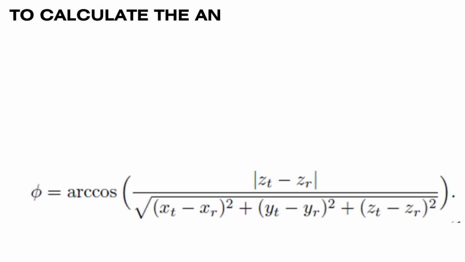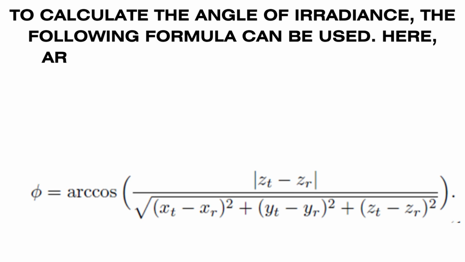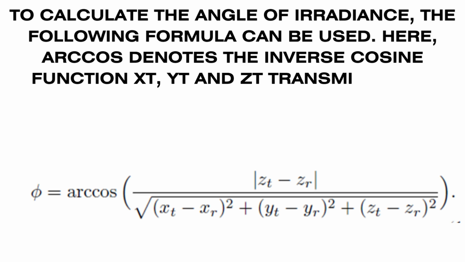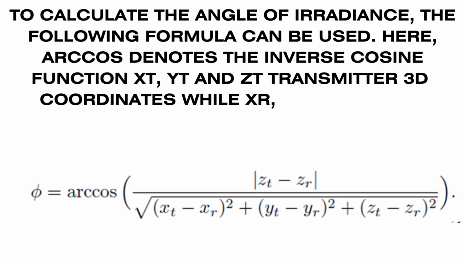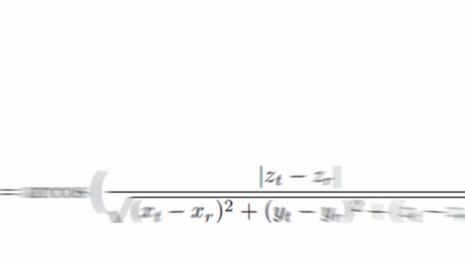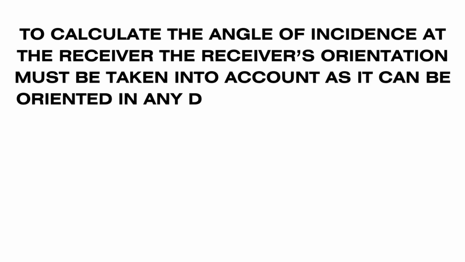To calculate the angle of irradiance, the following formula can be used, and here arccos denotes the inverse cosine function, and xt, yt, and zt are the transmitter 3D coordinates, while xr, yr, and zr are our receiver 3D coordinates. To calculate the angle of incidence, the receiver's orientation must be taken into account, as it can be oriented in any direction.